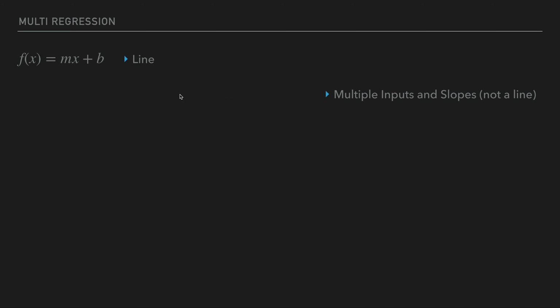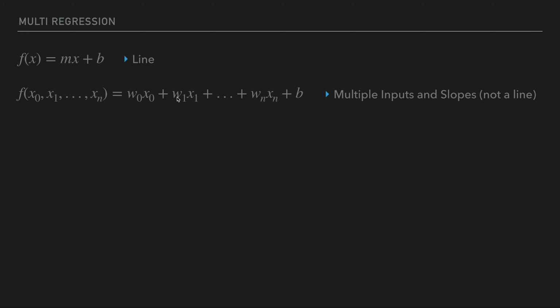Now that I say weights, it's better to visualize this as weights instead of the actual m value. This is still the slope for each input pretty much, but we call them weights because the weight is the number that tells how much the input matters to the output. If you have a weight of 0, then that input doesn't matter at all, because 0 times anything is just 0.